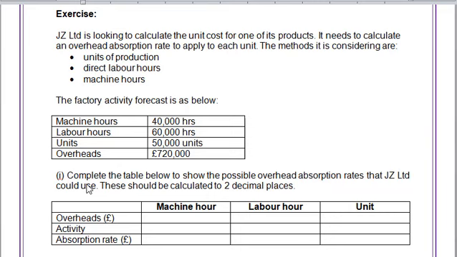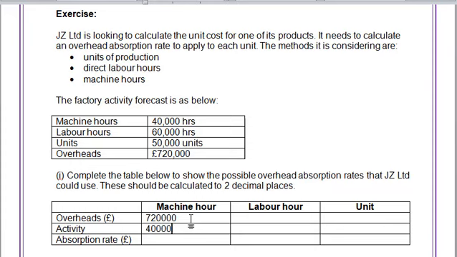The first thing says to us, complete the table below to show the possible overhead absorption rates that JZ Limited could use. This should be calculated to two decimal places. Overheads, you will be expected to throw in your overheads cost, £720,000. Your activity for machine hours in total is 40,000 hours.